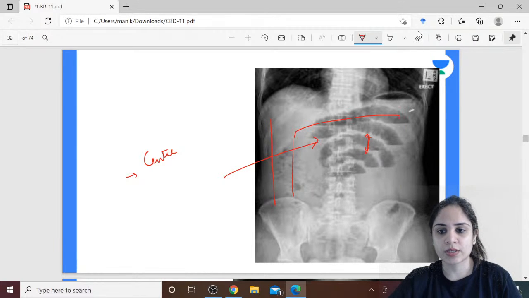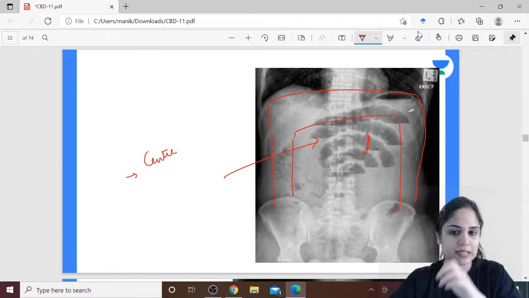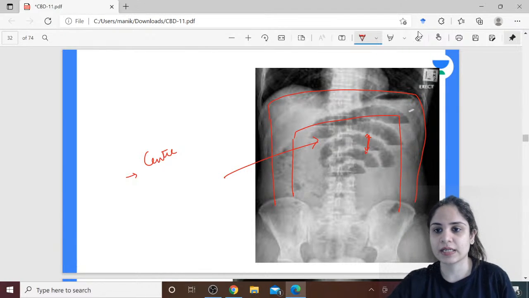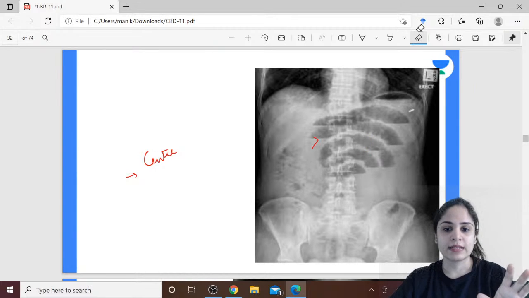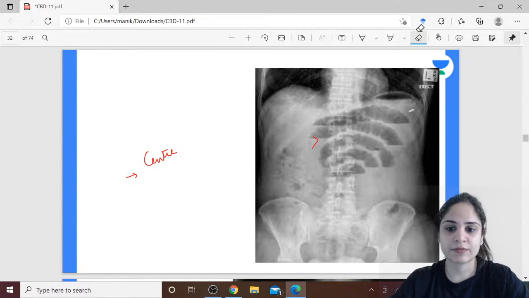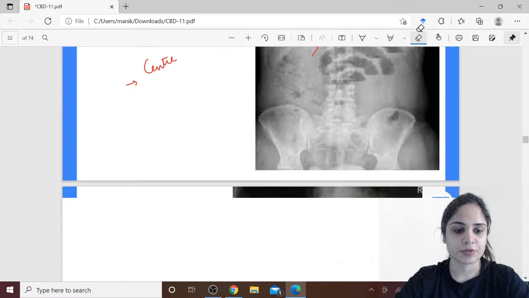I forgot what the exact specifications are. If any of you remember, I think it is more than 5 mm in small bowel obstruction and more than 20 mm in large bowel obstruction, something like that. I'll revise that and get back to you. But remember, if it is centrally located, then it is small bowel obstruction. If it is peripherally located, then it is large bowel obstruction.